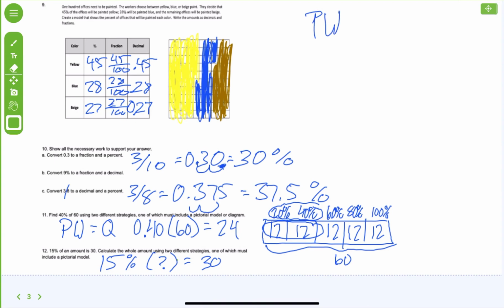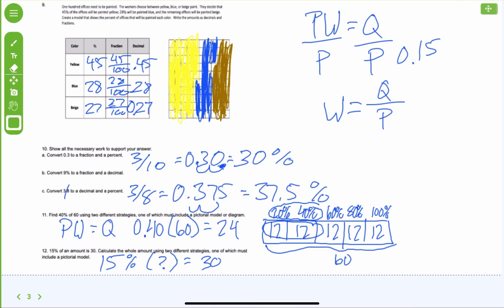When we have PW is equal to Q, we divide by P, and that's the whole is equal to the quantity divided by the percent. So if we do that, 15, let's move that as a decimal, times the whole is equal to 30.